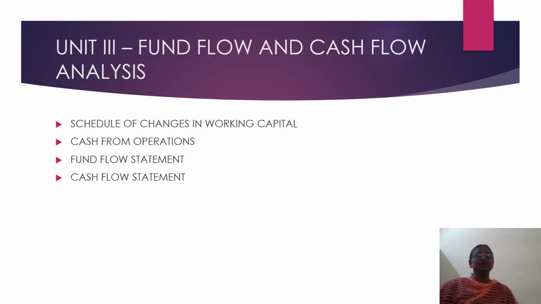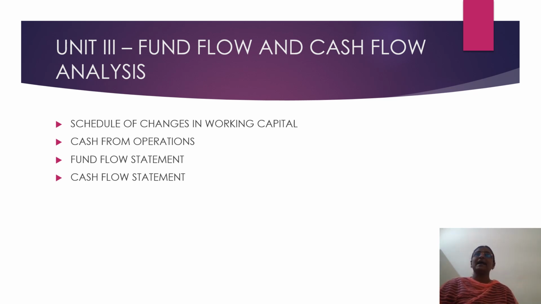Next comes fund flow and cash flow analysis. In this unit, for section B, you have to concentrate on preparation of the schedule of changes in working capital. That will most probably be asked in a section B question.